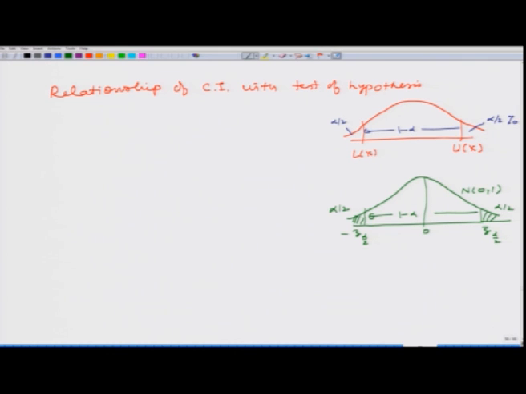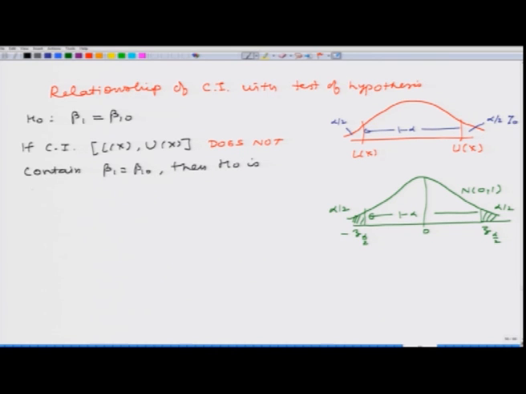Right. So, now if I consider the test of hypothesis H0: beta 1 is equal to beta 1 naught, the rule is very simple. If the confidence interval, say Lx, Ux, does not contain beta 1 equal to beta 1 naught, then H naught is rejected.